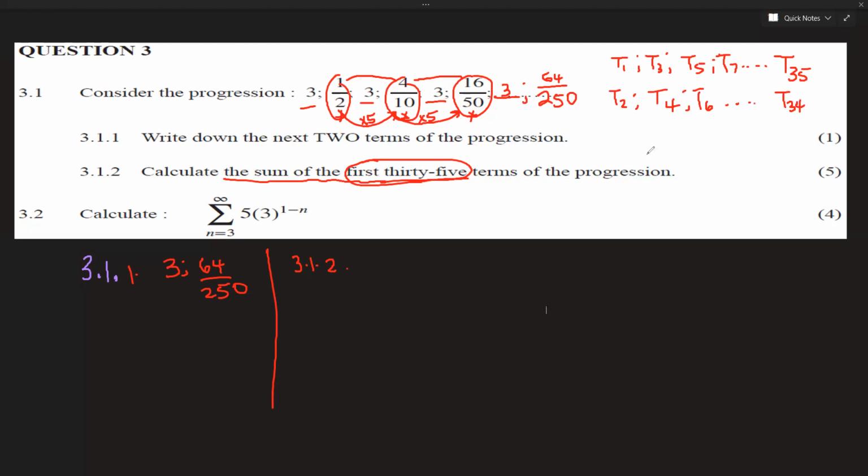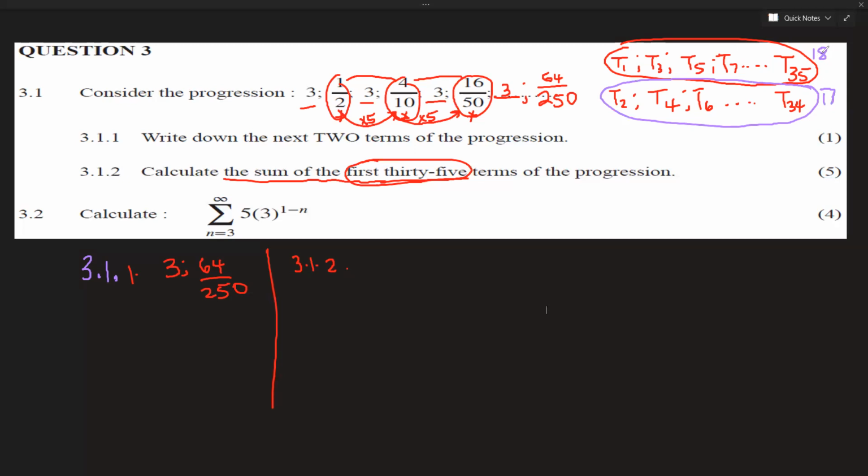Now we need to calculate how many terms are in each pattern. From 1 to 35 in odd numbers, we can all agree that this is going to be 18 terms, and these ones here are going to be 17 terms. So the total is 35.